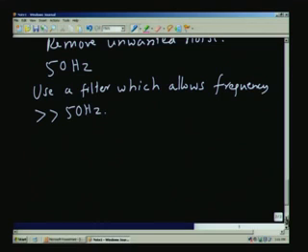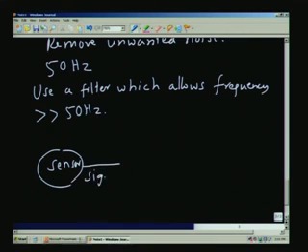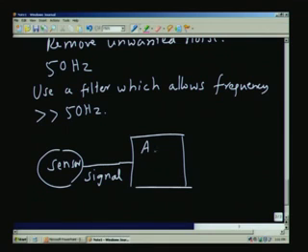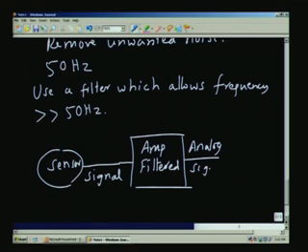We have the sensor, which I can show as a circle here, and from there the signal is available, and the signal is now amplified and filtered if necessary, and so on and so forth. And then I still have an analog signal here, because the sensor gives an analog signal.